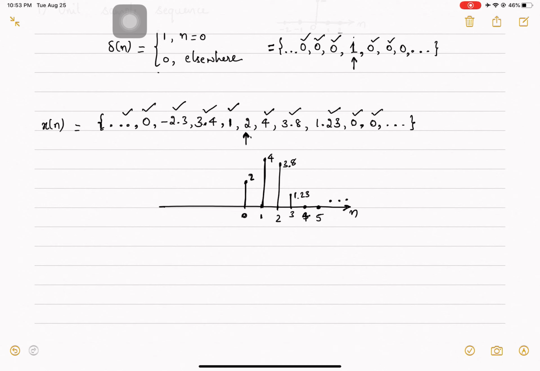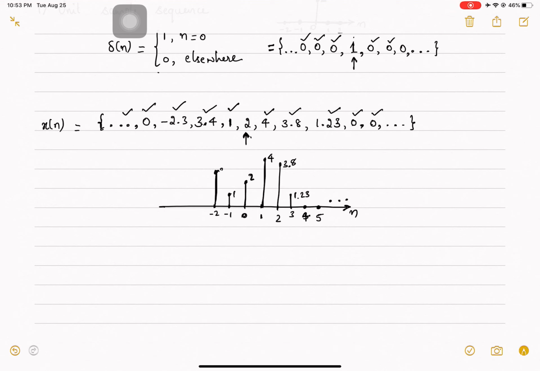Okay, and similarly, if I move to the left of n equal to 0, at n equal to minus 1, my function has a value of plus 1. At n equal to minus 2, my function has a value of 3.4. 3.4 comes somewhere here.